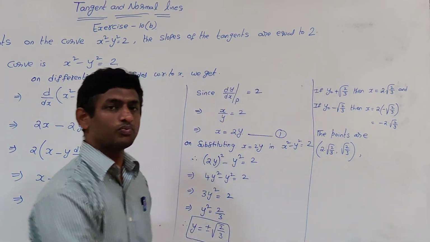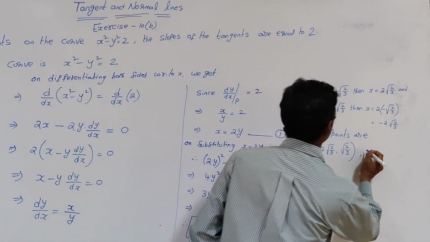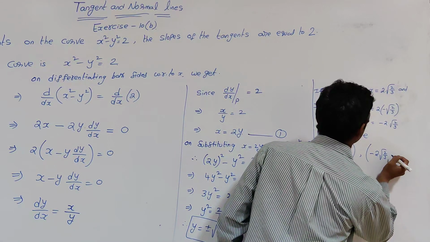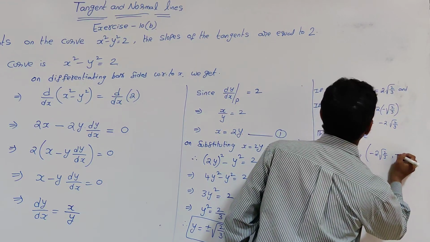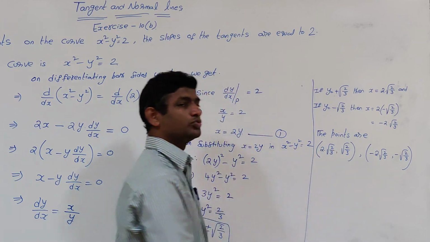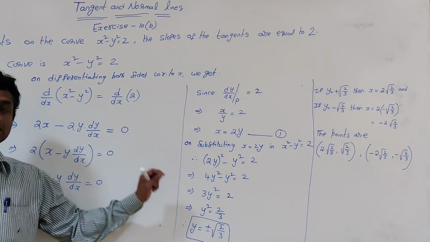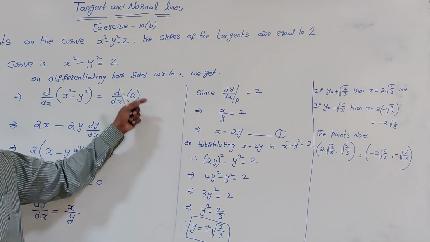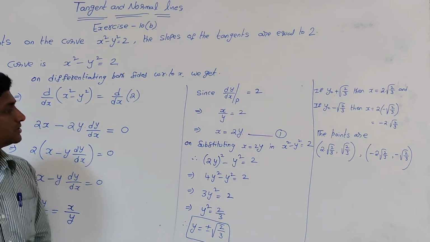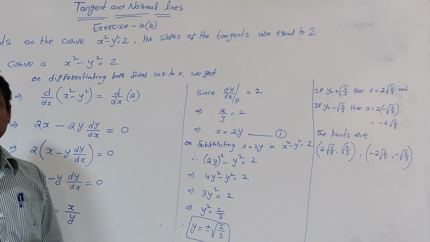There is one more point, that is minus 2 into under root of 2 by 3 comma minus under root of 2 by 3. So these are the 2 points which satisfy the curve, and the slope of the tangent at these 2 points will be 2. So these are the points. Now coming to the next question.